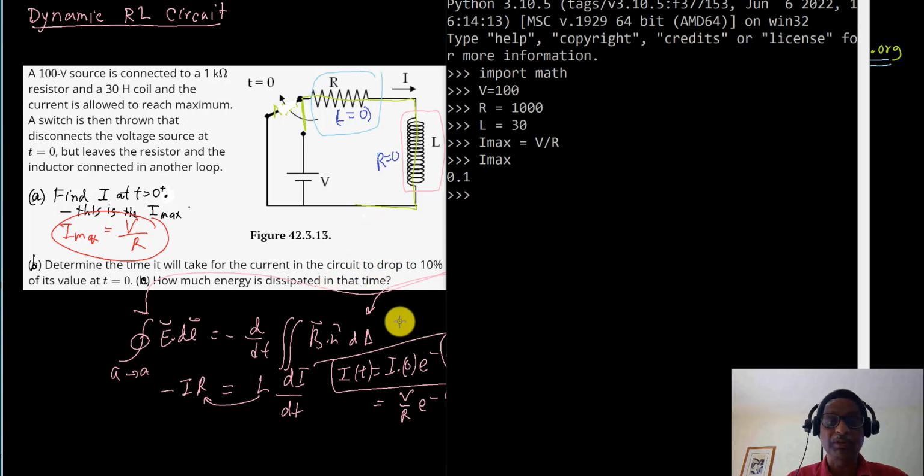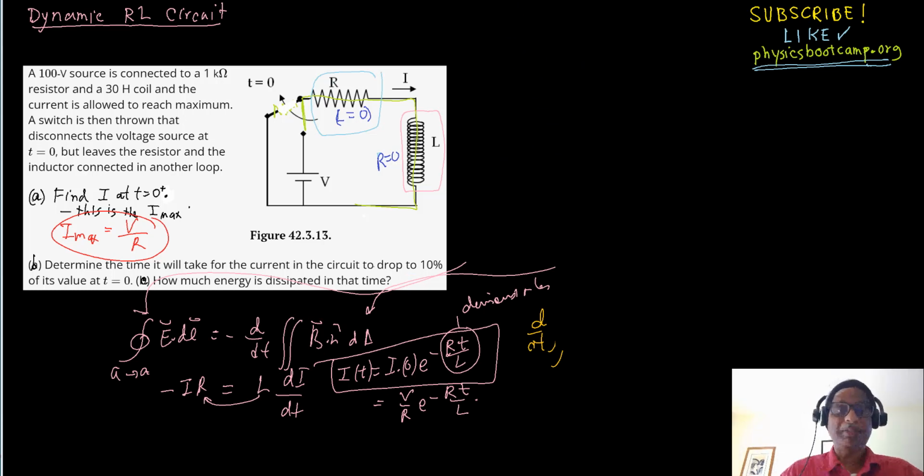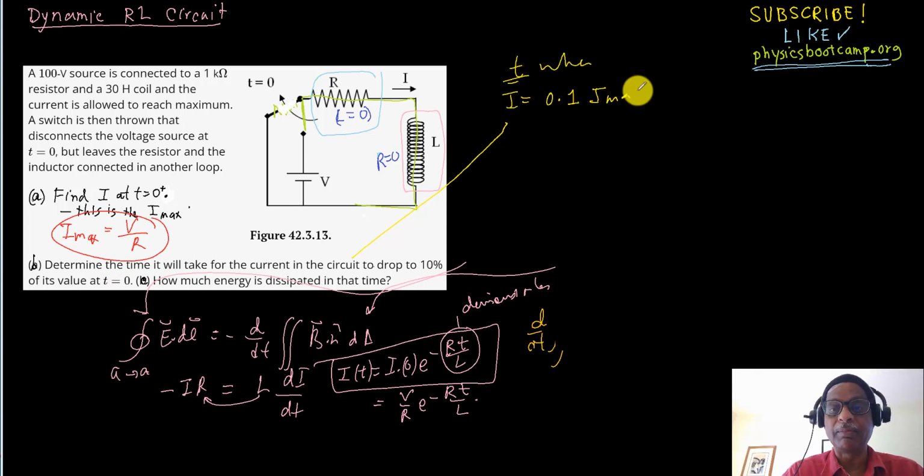So we need to solve 10% of, I got ahead of myself there using the calculator. Okay, so we want to solve this equation, this thing here. It's to reach, so t when I equals 0.1 Imax.